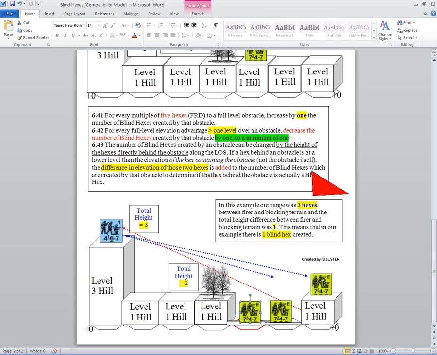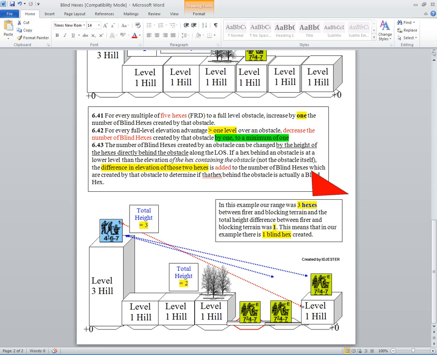The difference from 0 to 1 is 1. We're just going to add that to the blind hexes, and you can quickly see that it's going to create 2 blind hexes just because there's more room for his line of sight to go. It kind of elongates his line of sight.